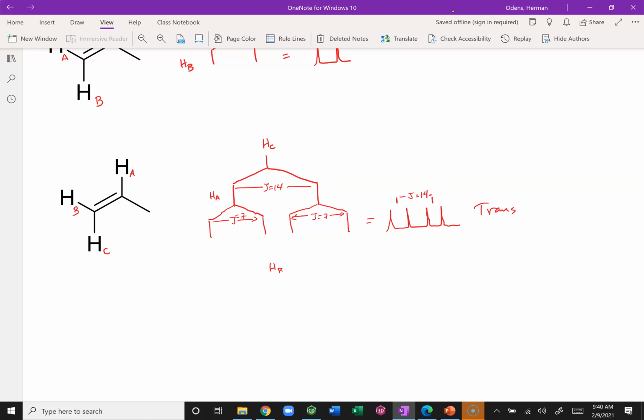The HB signal starts as a singlet, all right? But then HB is cis to HA. You see that? That relationship? Cis. They're on the same side. So because they're cis, they will have a much smaller J coupling. All right, so HB with respect to HA gets split as a cis. And now this J coupling is approximately, let's say, 7. And so it will be a much narrower doublet.